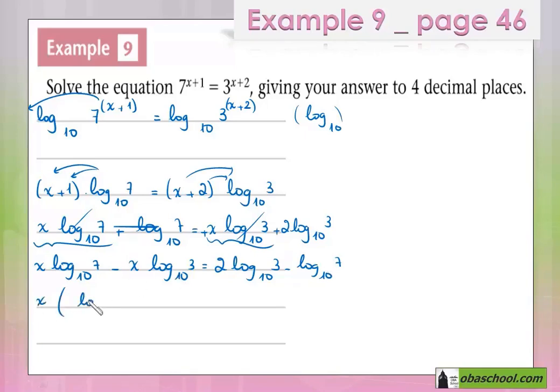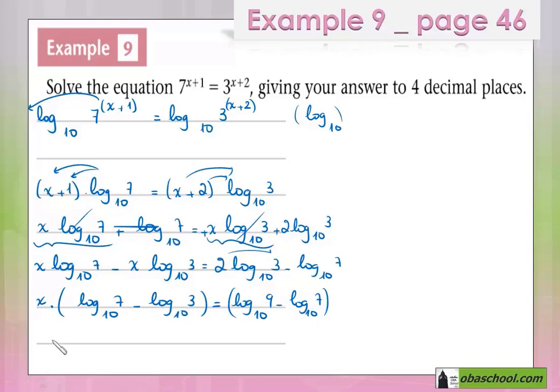Moving on, we're going to factorize and extract the x, leaving log 7 with base 10 minus log 3 with base 10 equal to, on the other side of the equal, we have to work with the coefficient that we have. So it's going to be log 9 base 10 minus log 7 base 10.